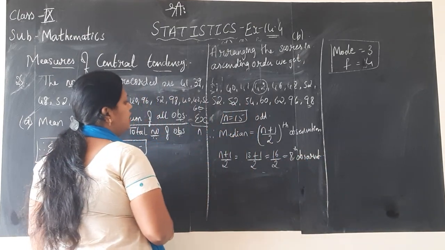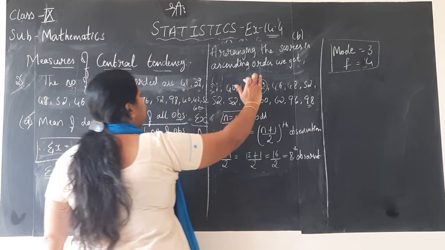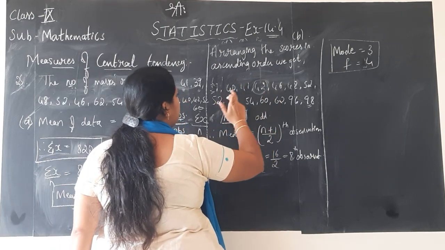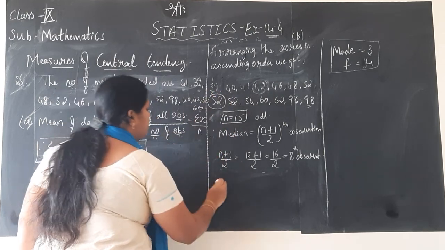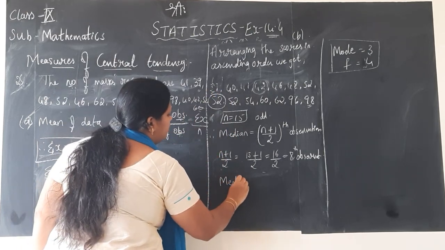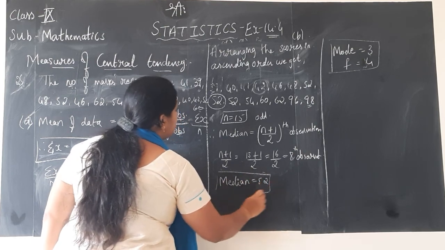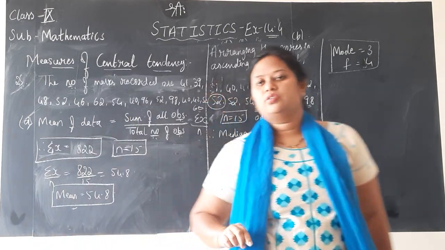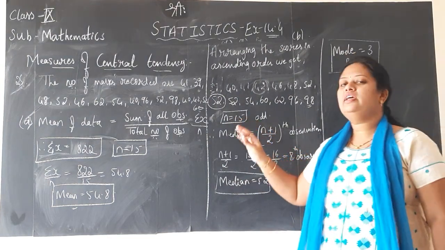Once you get (n plus 1) by 2 as the 8th observation, you count which is the 8th: 1, 2, 3, 4, 5, 6, 7, 8. Which is the 8th? 52. Whatever value is there, that has to be written. Median is 52. So it is very easy to find the median when n is odd.